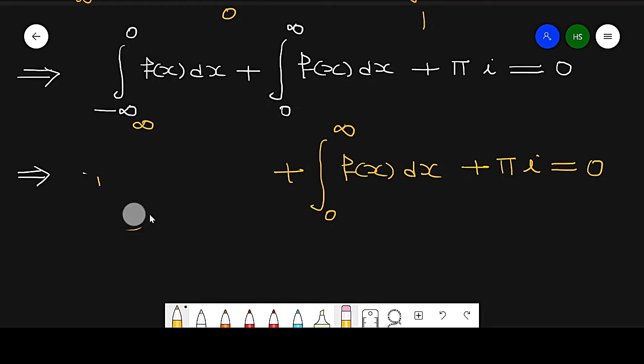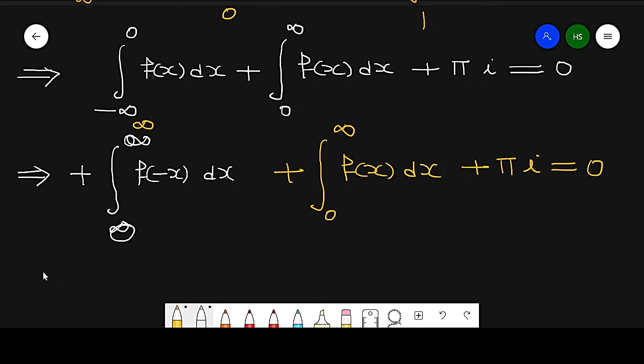So simplify this result: minus integration plus infinity to 0 f of minus x, this minus is of this, so this is dx. Now this minus is interchanging this limit, so this is 0 to infinity, and this minus will be converted as plus. Now from this, I substitute the value of f of x.